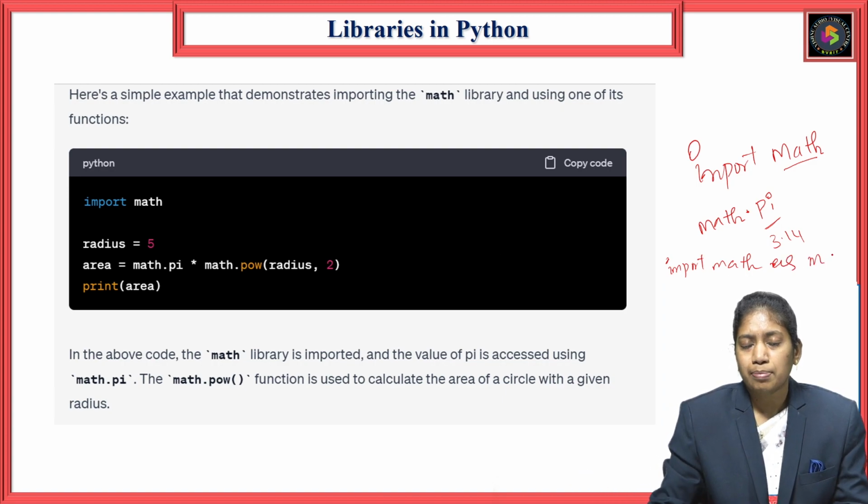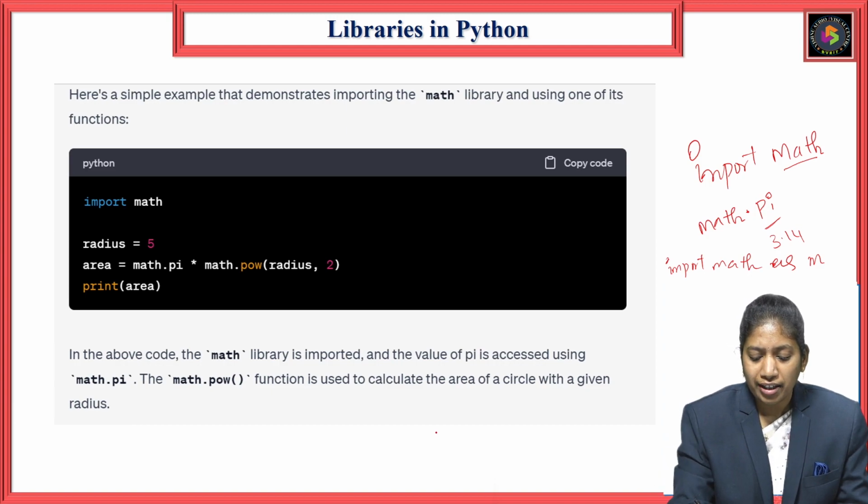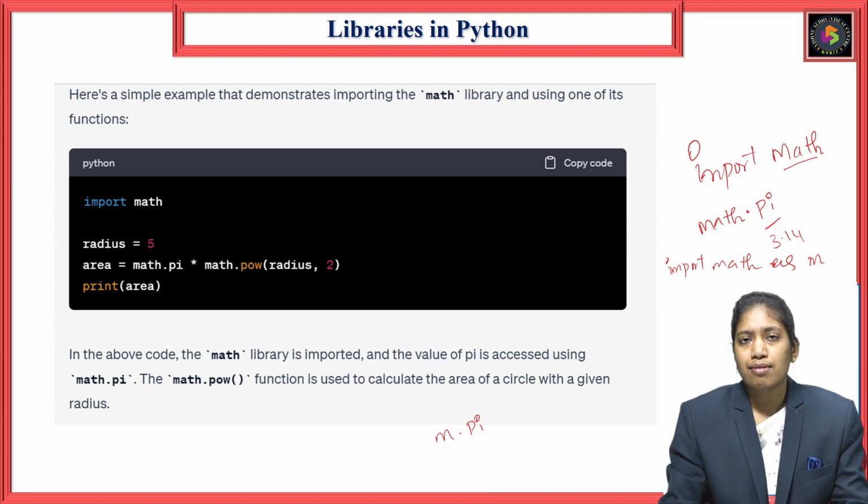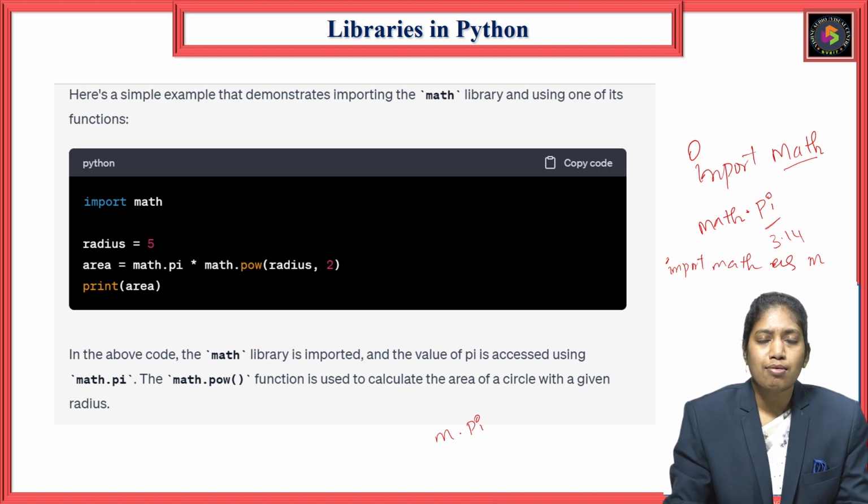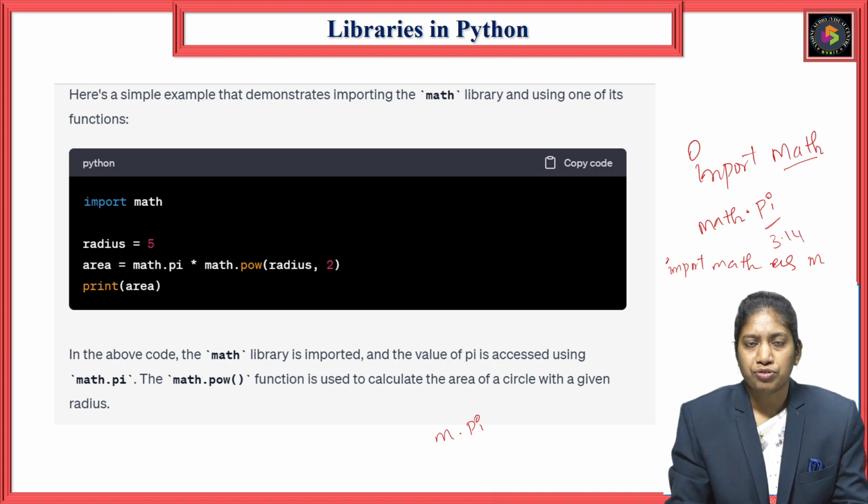If I write the statement like import math as m, I can use m.pi. Here I am giving an alias name for math. Whatever functions I want to use from the math library, I can use the name m instead of math.